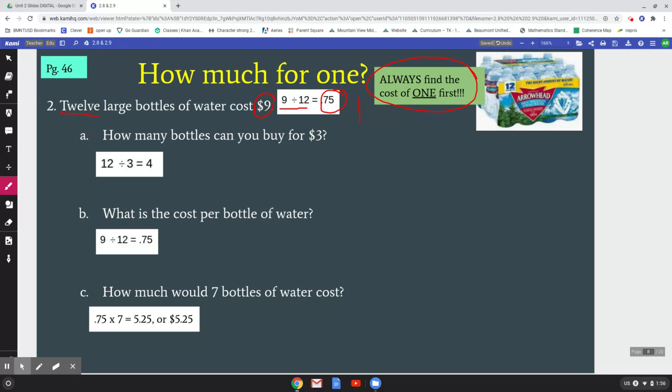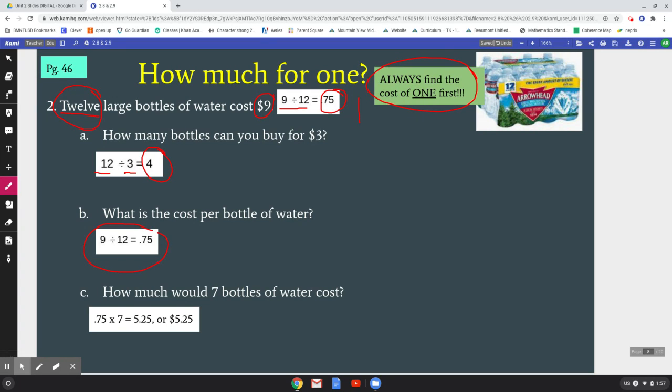So if there's 12 of them and you're multiplying it, and you're dividing it by $3, you will get 4 bottles. So now it says, what is the cost per bottle? Well, I already solved that up there. It would be this $9 divided by the 12, which is 75 cents.